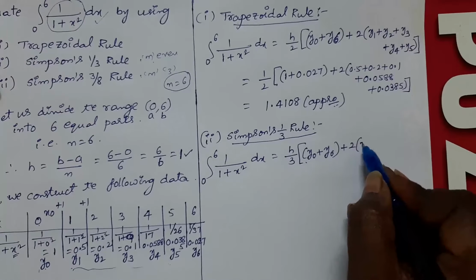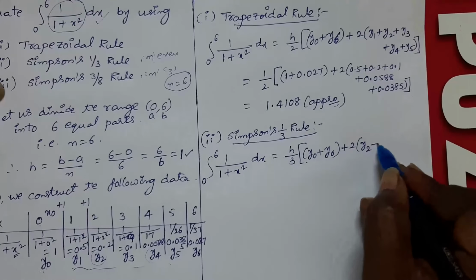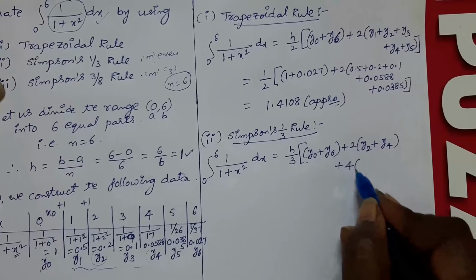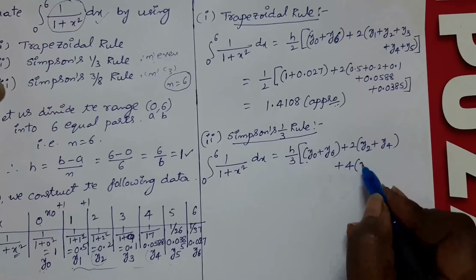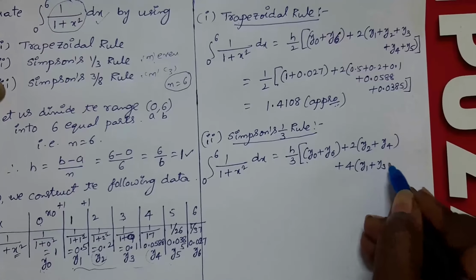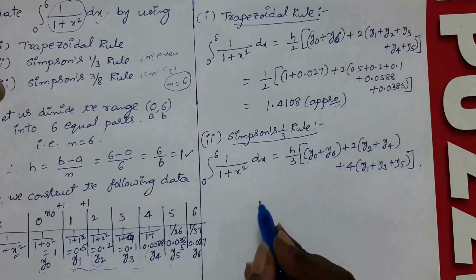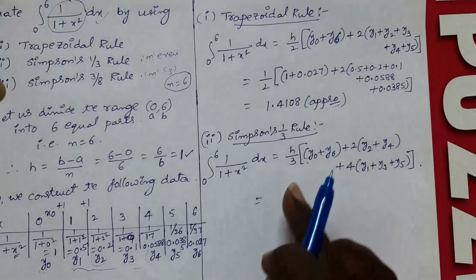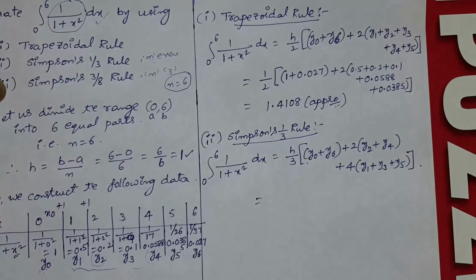The even functioning values between y0 and y6 are y2 and y4 only. So add y2 and y4 here, plus 4 into the sum of the remaining terms, otherwise the sum of odd ordinates, which are y1 plus y3 plus y5. This is Simpson's one-third rule for the given data. It is enough to write any one rule like the trapezoidal rule, Simpson's one-third rule, otherwise Simpson's 3/8 rule for the given data only.